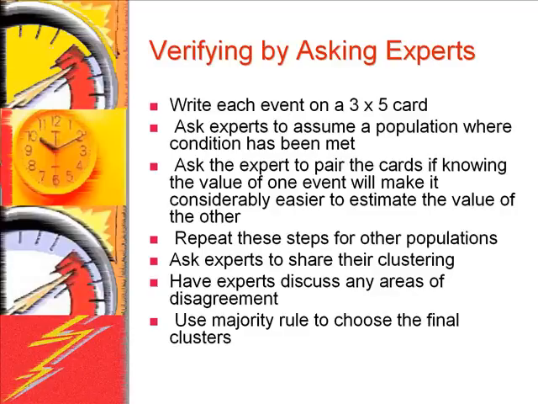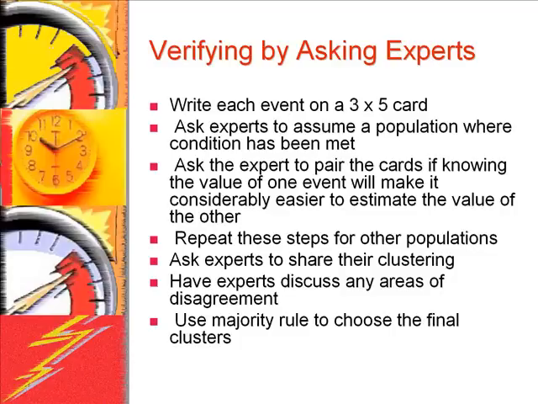Ask the expert to pair the cards if knowing the value of one event will make it considerably easier to estimate the value of the other. Repeat these steps for other populations. Ask experts to share their clustering. Have experts discuss any areas of disagreement. Use majority rule to choose the final clusters.